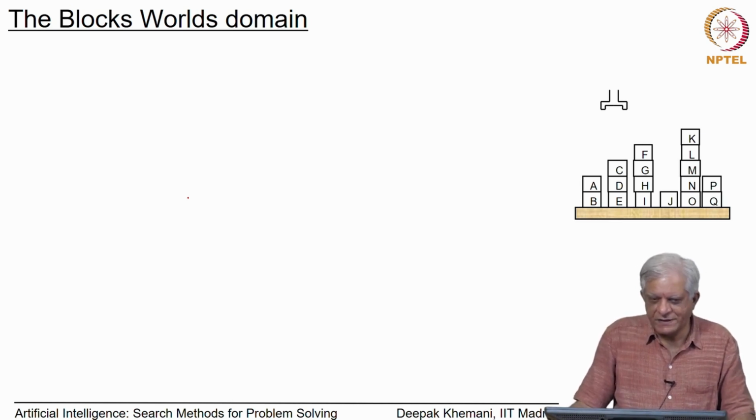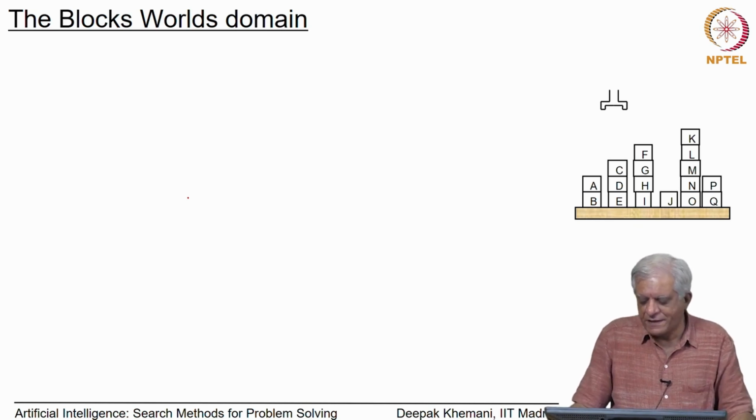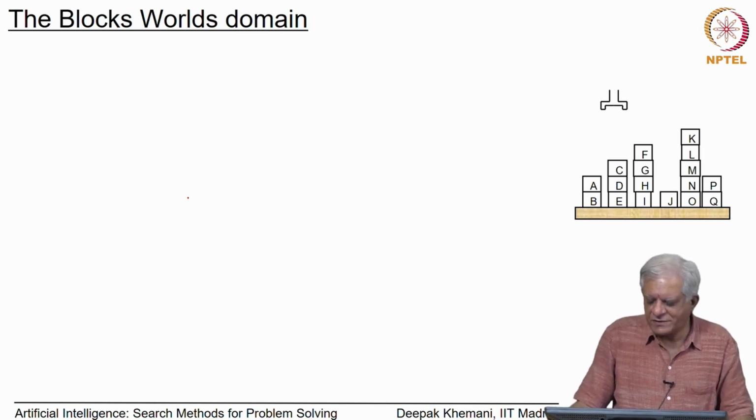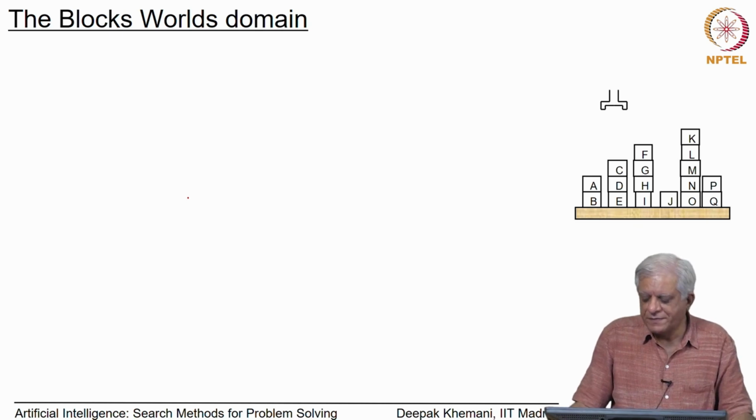So, in this blocks world domain, there is a table on which there are blocks which are stacked upon each other, and essentially you can assume that all the blocks are of the same size and only one block can be stacked on a block, and there is no limitation of what is the size of the table, and there are no coordinates, there are no weights, there are no metrics at all.